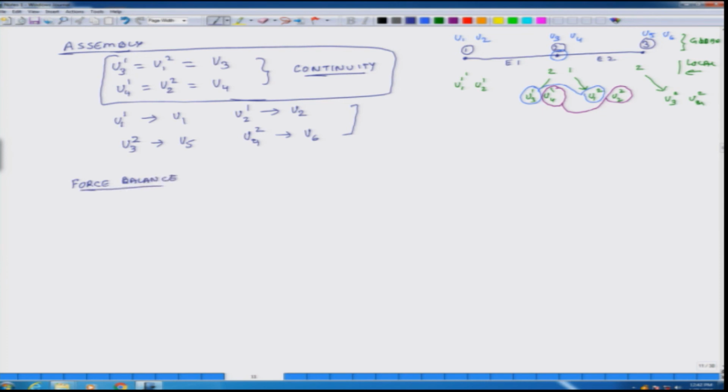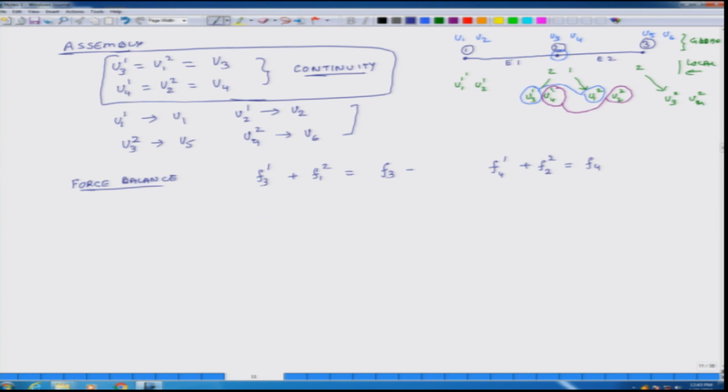So, what are the equations for force balance? F3 1 plus F1 2 equals F3. Similarly, this is about shear force F3, and then if I have to add up moments, then F4 1 plus F2 2 equals F4, that is the generalized force which is moment.